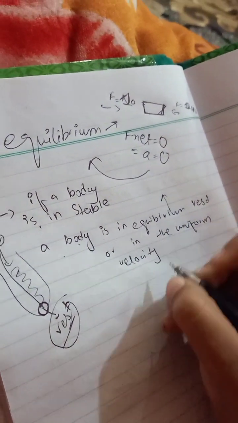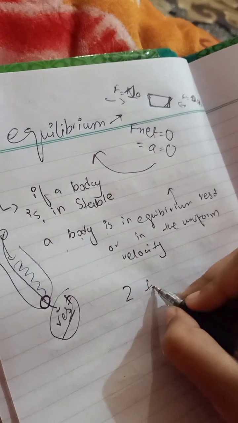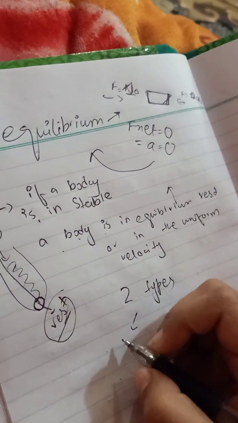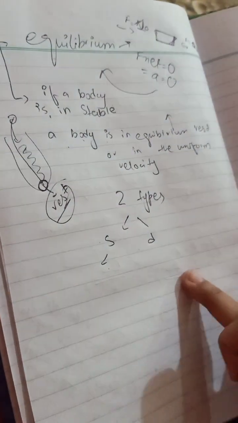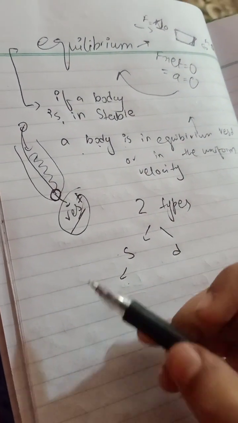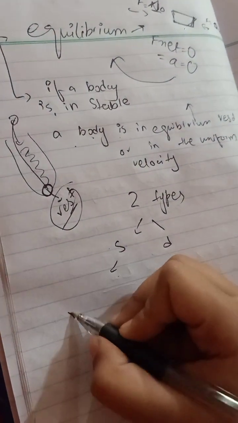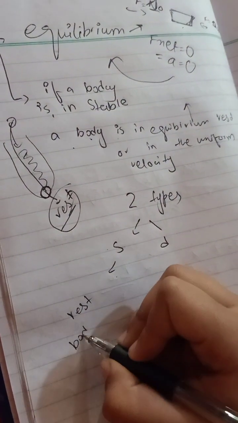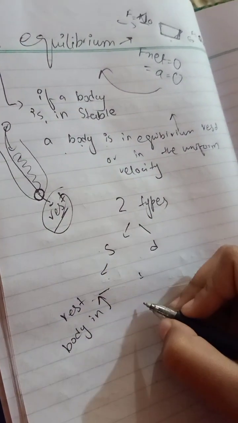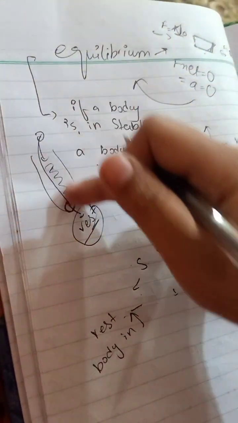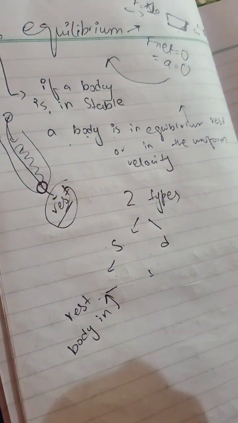We have two types of equilibrium. First is static and second is dynamic. Static means that the body is at rest. Dynamic means that a body is moving with uniform velocity, and that is called dynamic equilibrium.